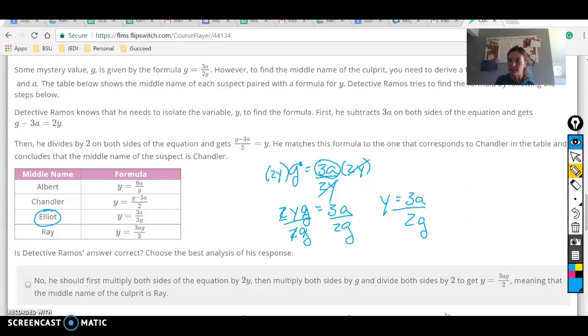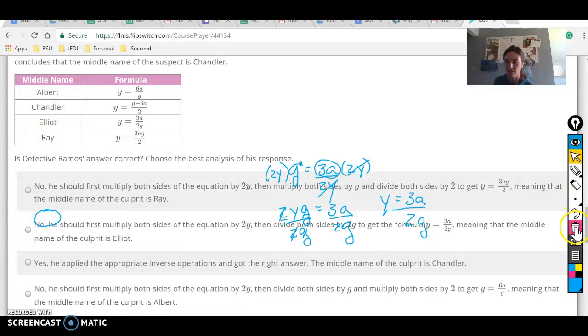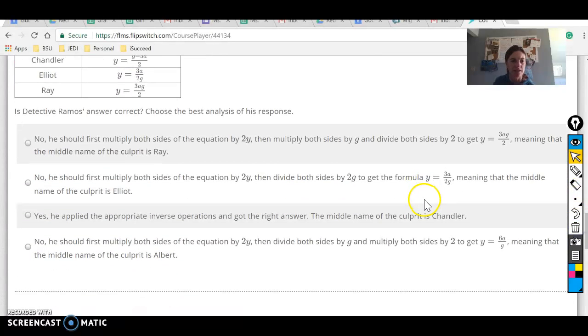And the answer that we should choose here is he should first multiply both sides of the equation by 2y, and then divide both sides by 2g.